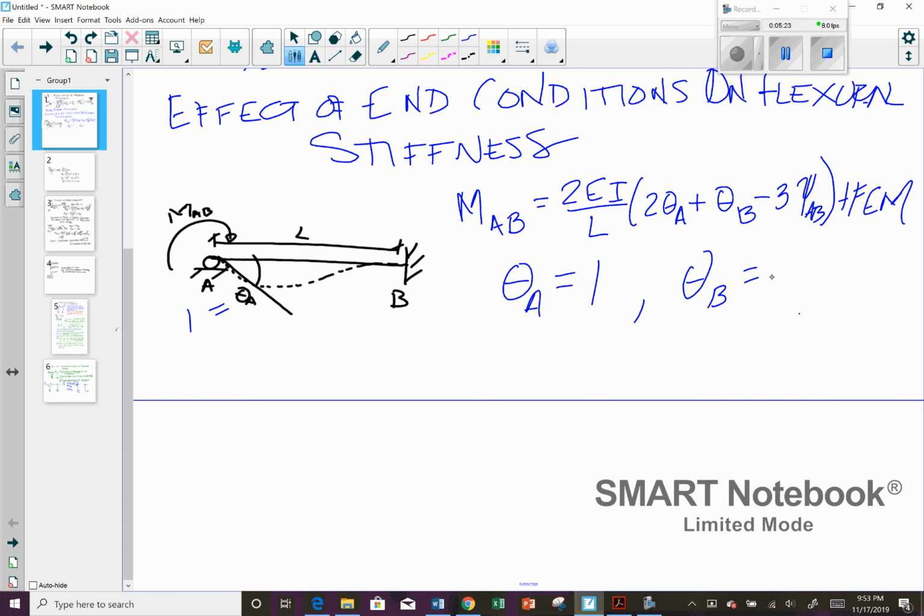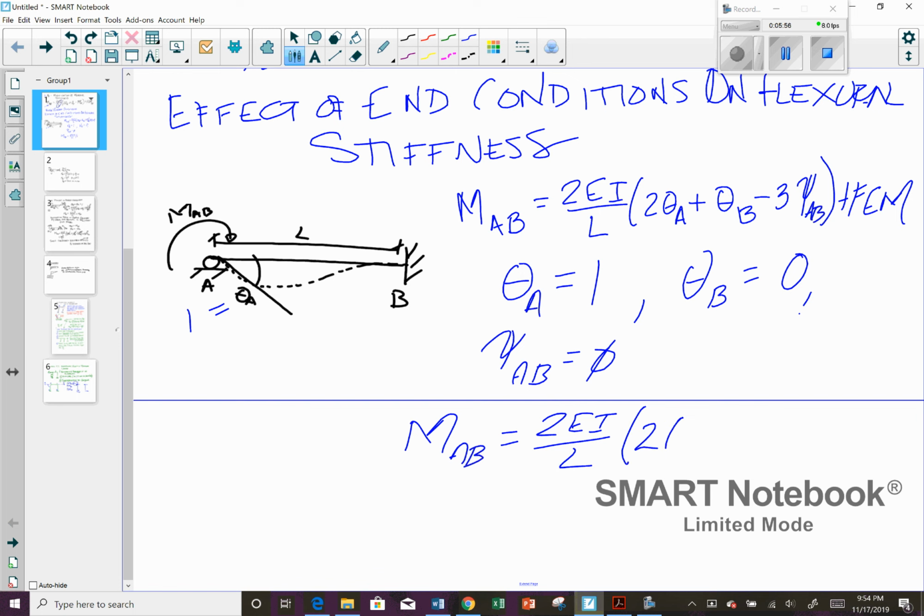We know what our theta B is. What is it? It's equal to 0. Okay? So our theta B is equal to 0. There's no relative displacement, so our psi AB is going to be equal to 0. So we can figure out that our moment at A is going to be equal to 2EI over L times 2 theta A, which is equal to 1, plus theta B, which is equal to 0, minus 0.